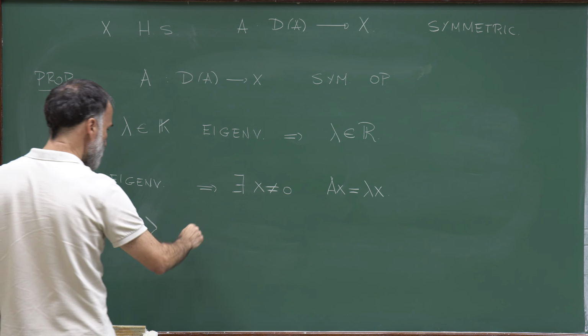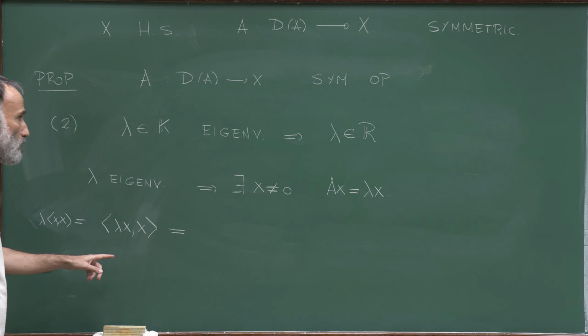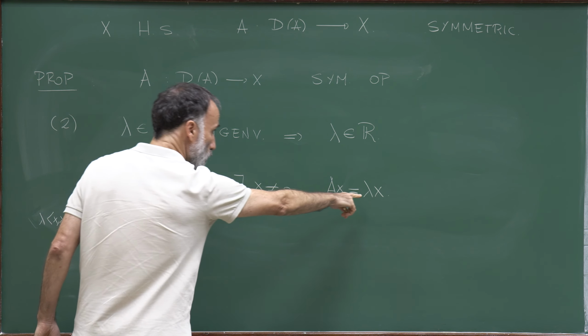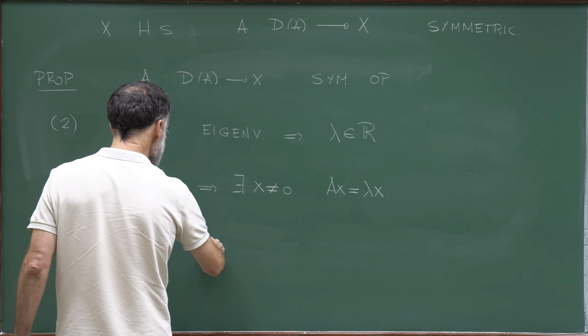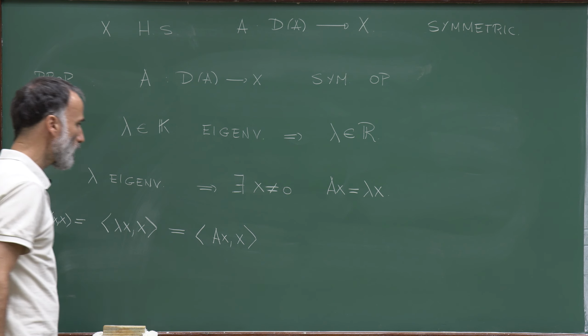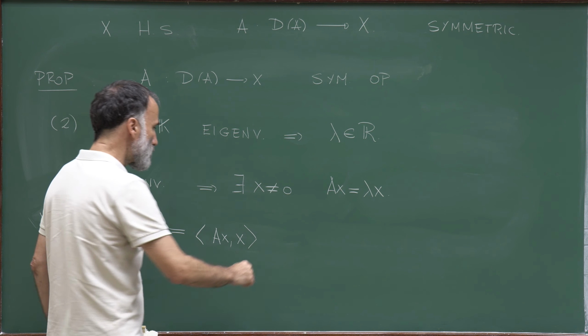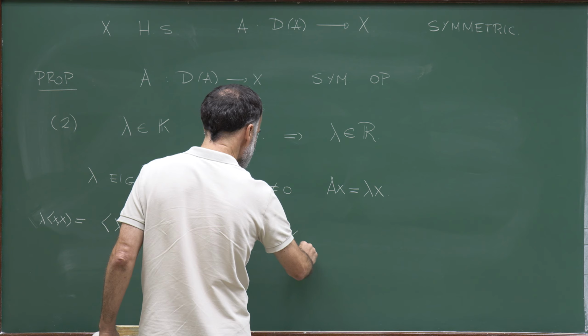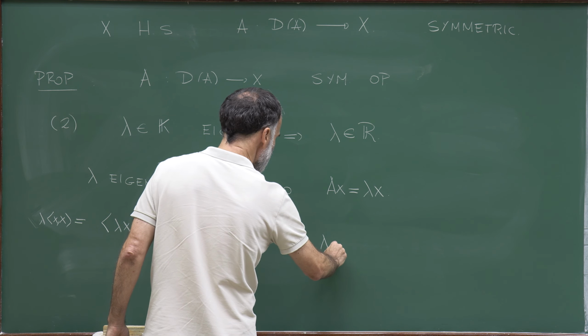On the other hand, since lambda is an eigenvalue associated to the eigenfunction x, this is (Ax, x). Since A is a symmetric operator, this is equal to (x, Ax).